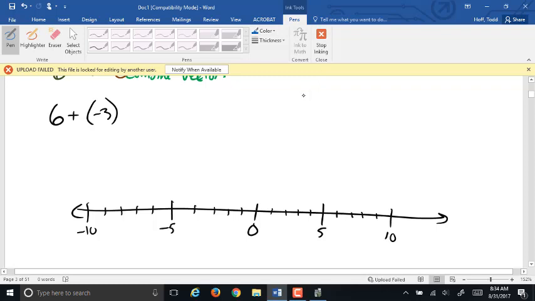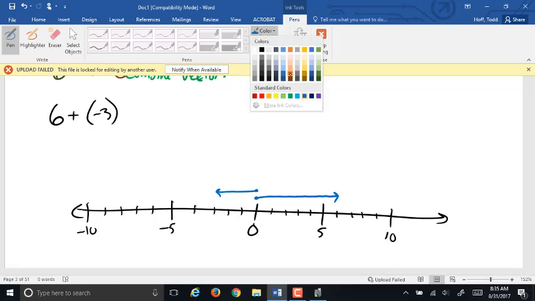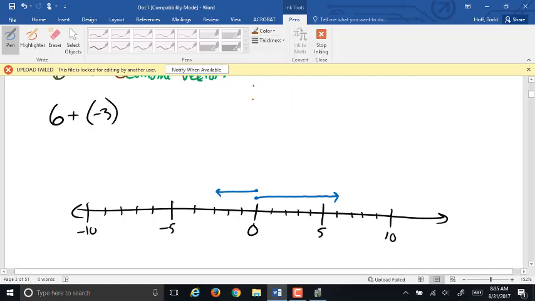So 6 plus negative 3. So a 6, the vector starts at 0, goes to 6. The negative 3 is a vector that starts at 0 and goes to the negative 3. Now you can see that vector has the same length. The length is what we call the magnitude. It has the same length as the vector that would be positive 3, it just goes the opposite direction.